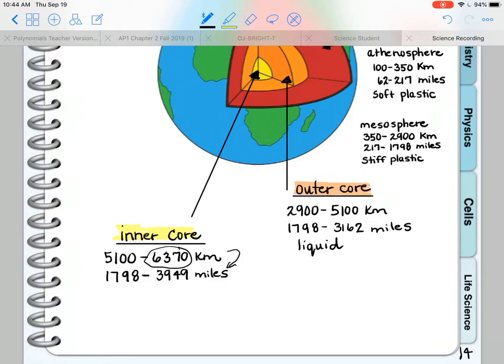And you can do this with a proportion. And to set this up, as all proportions are, you need that equal sign there. And I'm comparing kilometers to miles. Now, from many years of working with math, I know that 1 kilometer is approximately 0.62 miles. And I want to know about that 6370. So let's go ahead and put that right here and do this math.